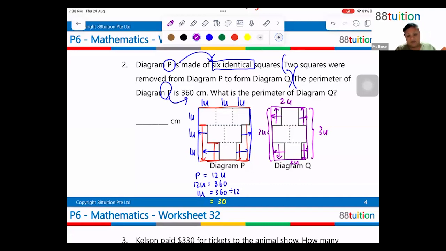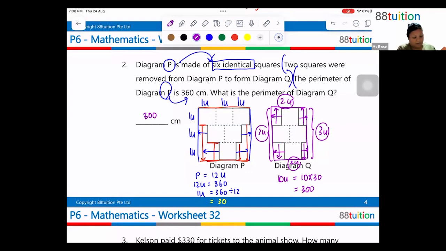So this gives me a total of how many? 6 and 4 makes 10. So that's 10 units is equal to 10 times 30 to give me 300. Okay, so that's 300.